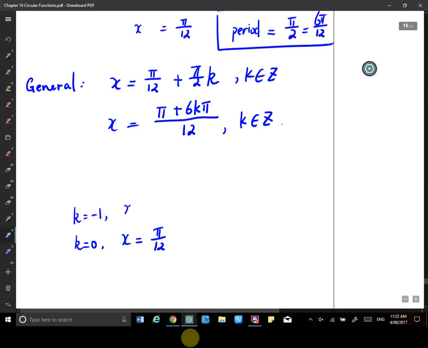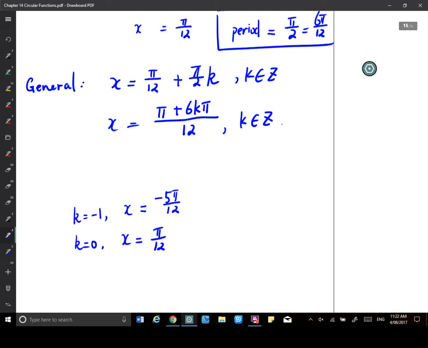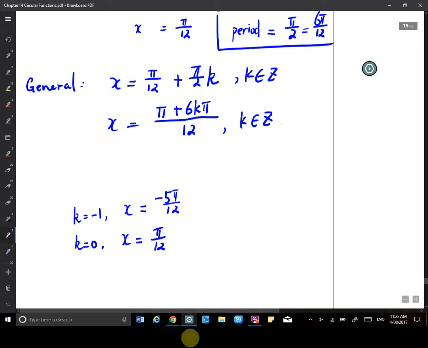When k is negative 1, x equals negative 5 pi on 12. So I subtract one period. That's minus 5 pi on 12. I can keep trying that. K is minus 2, x will be minus 11 pi on 12.